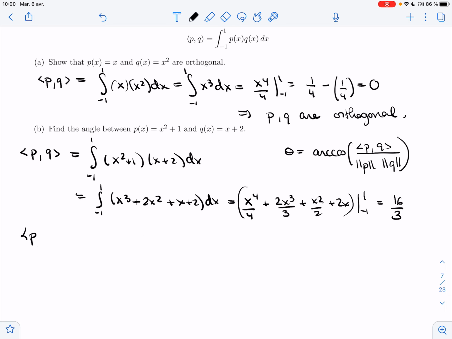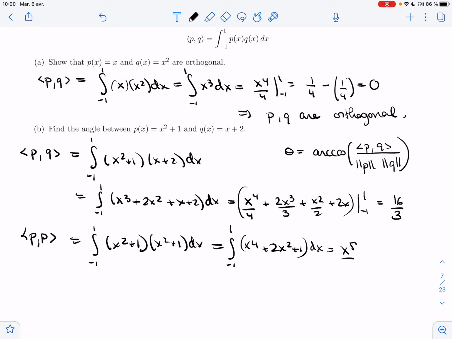You also have to compute the inner product of P with itself so that you can find the length of P, and you'll need the inner product of Q with itself for the length of Q. So PP will be the integral of x squared plus 1 times itself. Again, you expand. I got x^4 plus 2x squared plus 1. And then you integrate, that's x^5 over 5 plus 2x cubed over 3 plus x from -1 to 1.